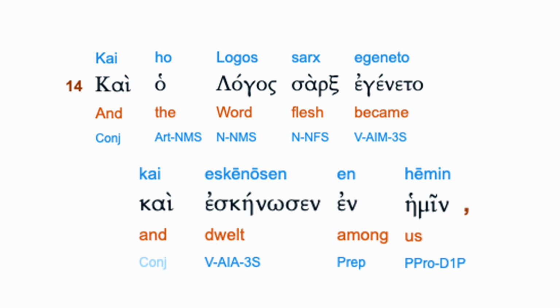But that word eskenosen, we know it's gained the epsilon at the beginning, the e sound, because it's in the past tense. It comes from skenoo, which is a tent, and in particular it's used to talk about the tabernacle, the dwelling place of God.